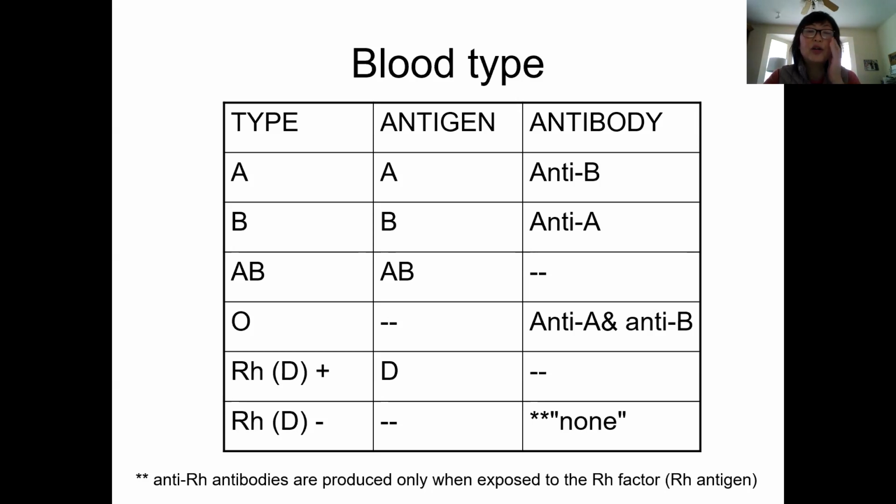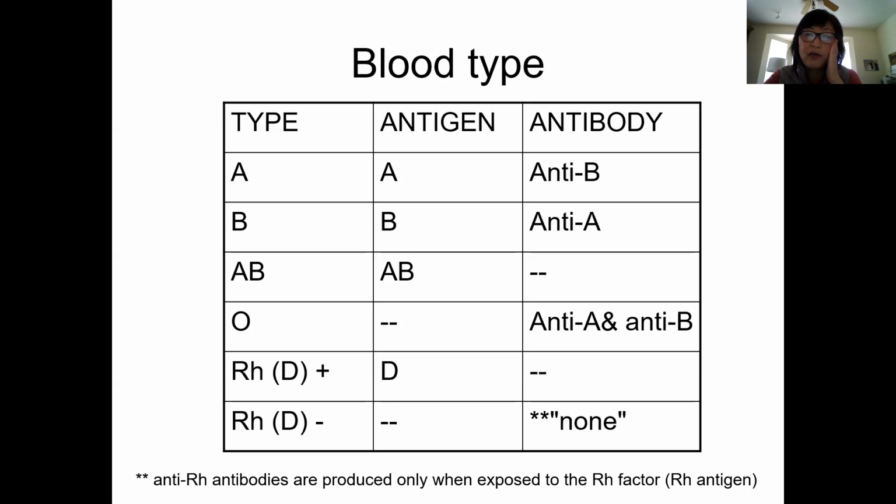So before you are exposed to the antigen, you do not have that antibody in your blood. That's in general. However, in blood, there's an exception. If you have type A blood, you already have anti-B antibodies circulating in your plasma. This is a given. This part has been done during the fetal development. You just have to memorize this. If you have type A blood, you have anti-B antibodies. If you have type B blood, then you have anti-A antibodies.